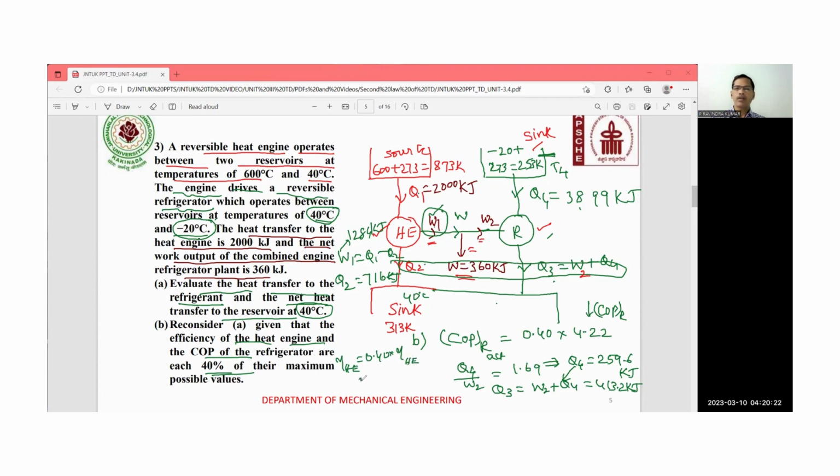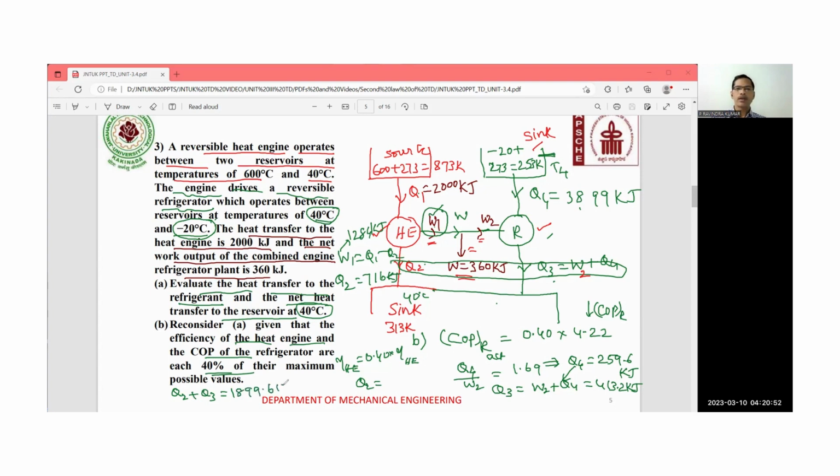Try to solve that and you will get the Q2 value, and finally all these things are there. That is from the second bit, 40% of their maximum possible values. For the heat rejection, evaluate the heat transfer to the refrigerant, that means the Q2 and Q3, when you consider 40%. So the answer here is 1899.